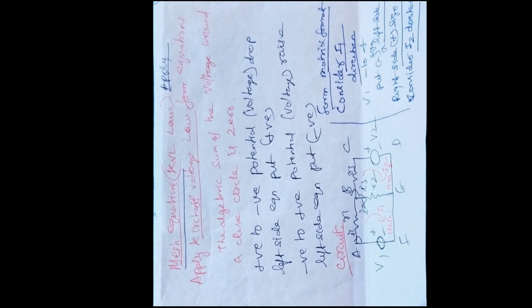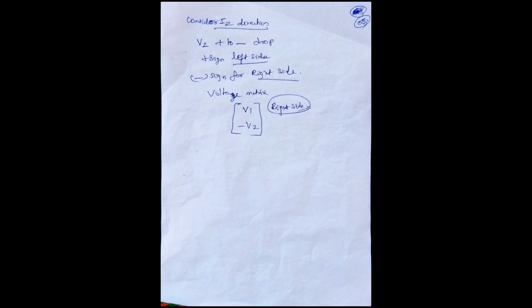Consider the I2 direction. V2 goes from plus to minus in the I2 direction. So a plus sign on the left side and a negative sign on the right side. That is the I2 direction. The voltage matrix we form is V1 minus V2 for the right side, putting the minus sign for V2.